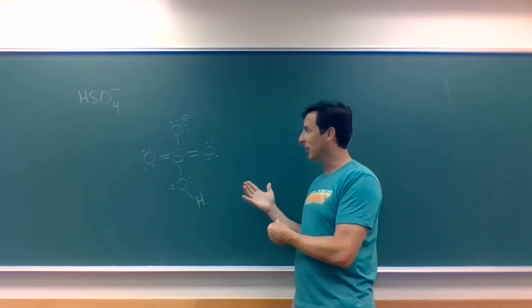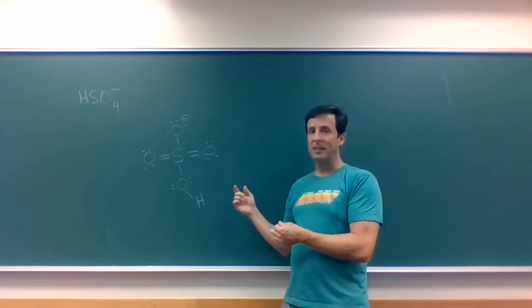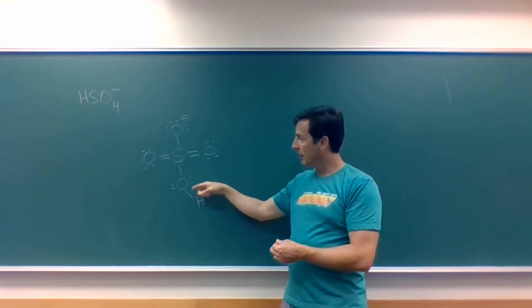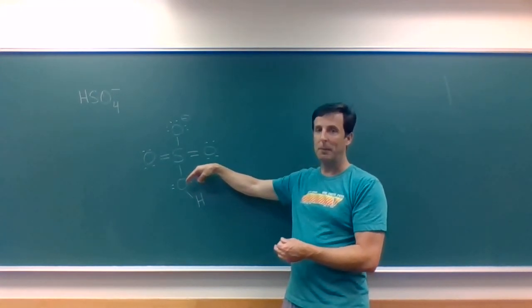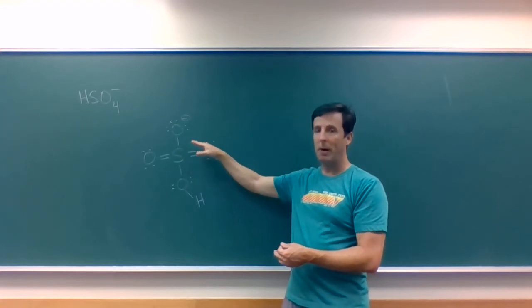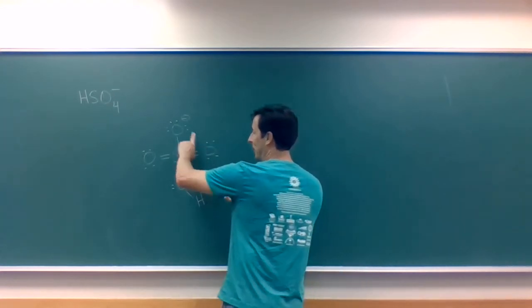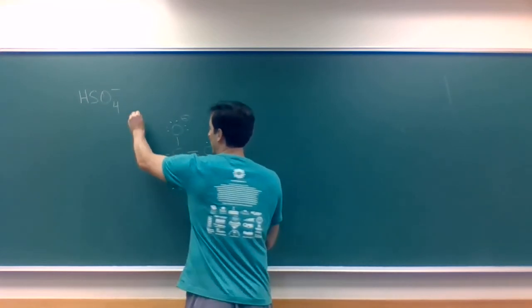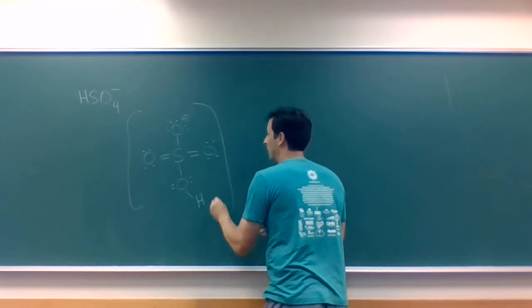If you look at the structure, one of the oxygens, instead of making a double bond, is making 2 single bonds. So this oxygen right here is no longer going to be part of the sharing of those double bonds. Essentially, I'm going to share the double bonds between these 3, and the ways I could do it, I'm just going to bracket off.